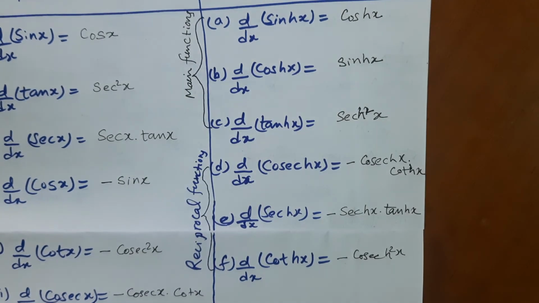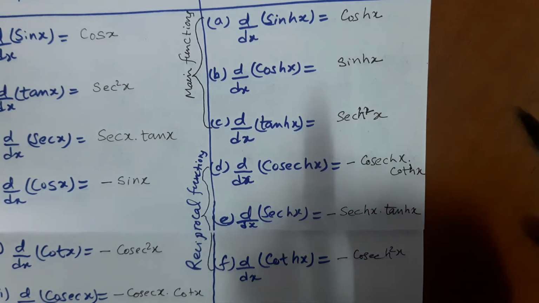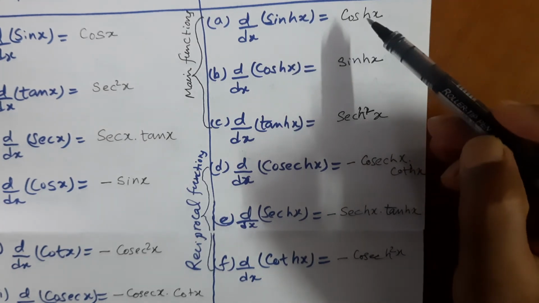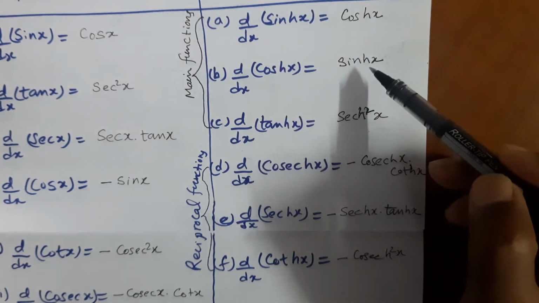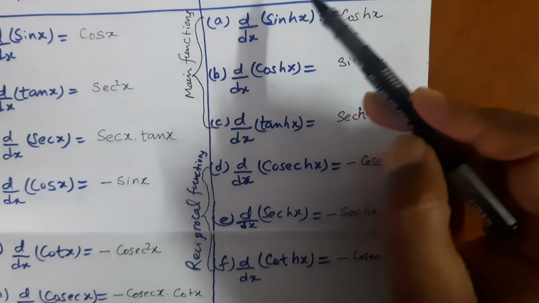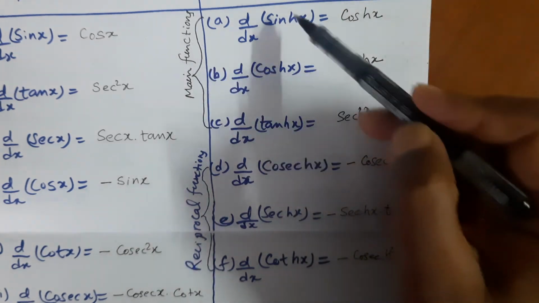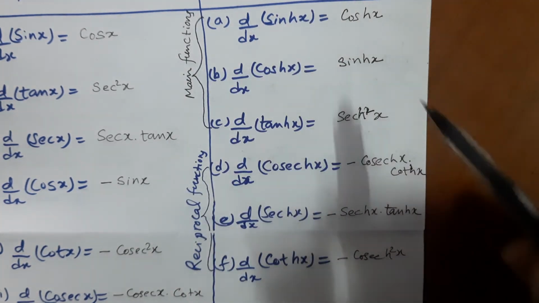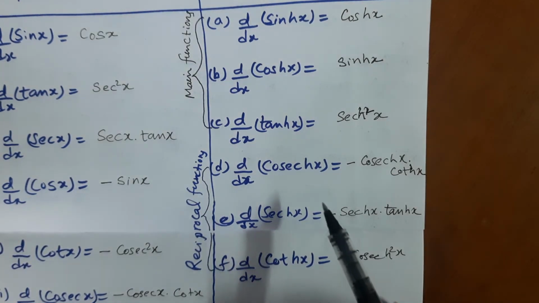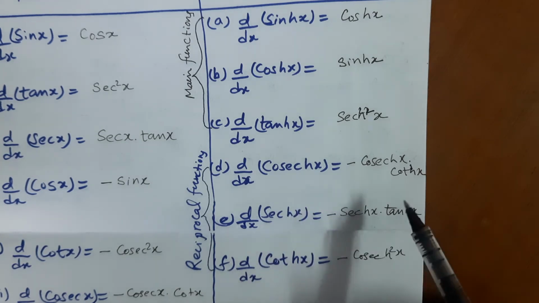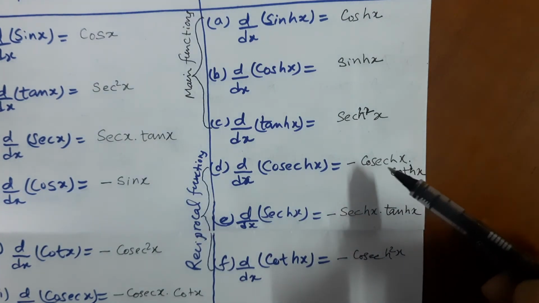Okay, and as you see here, in the derivatives of the main functions, here you have positive sign, here positive sign, here positive sign. The derivatives of the main functions are all positive. Okay, and in the derivatives of reciprocal hyperbolic functions, you can find a minus sign in all.